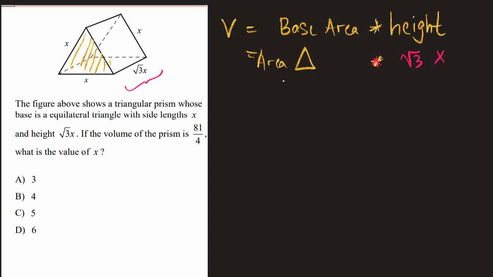Now the area of the triangle, again we have to use the area of a triangle. This is an equilateral triangle, we will have x, x, x, and because it's equilateral, the angle between the sides of x will be 60 degrees.